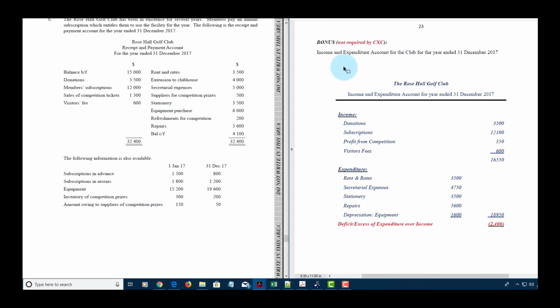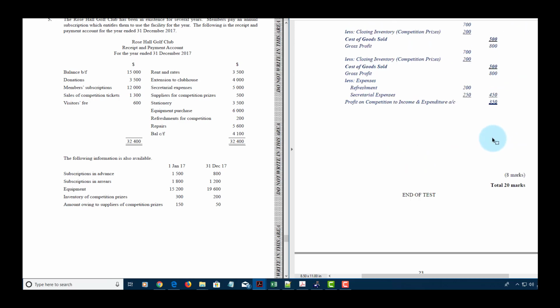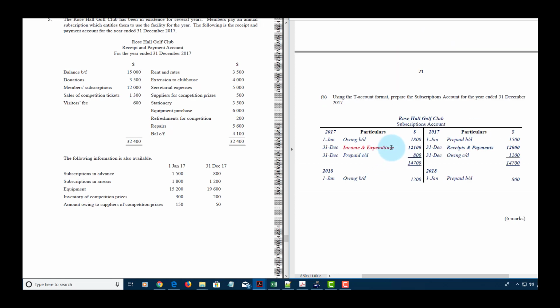I prepared the income and expenditure account for the club for the year ended 31st December 2017. Alright, we have donations $3,500 taken from the debit side of the receipts and payment account. We have subscription $12,100. This figure was obtained from our subscription account when we did our calculation.